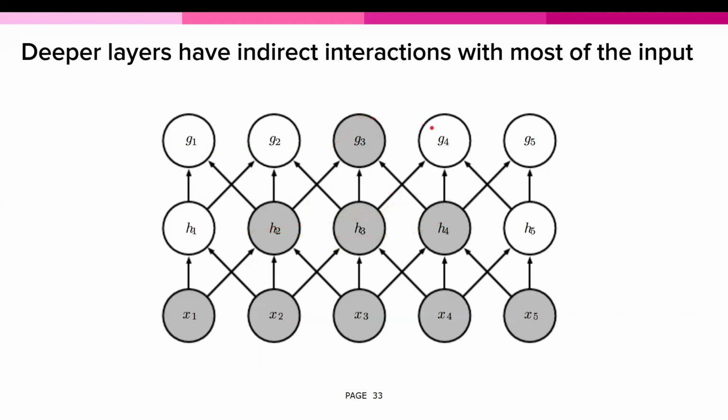These deeper units are going to cover a large area of the input. As a result, by the time we get to these final layers, these units are going to capture patterns or features that span the entire image.